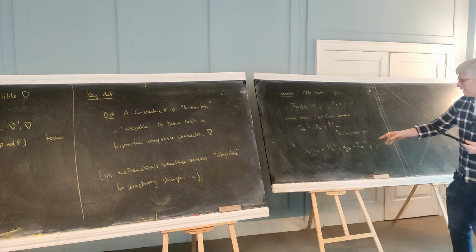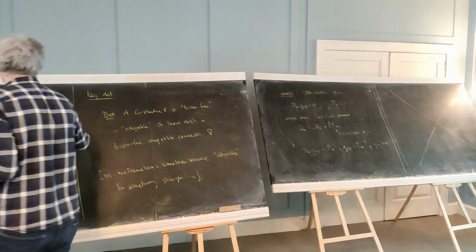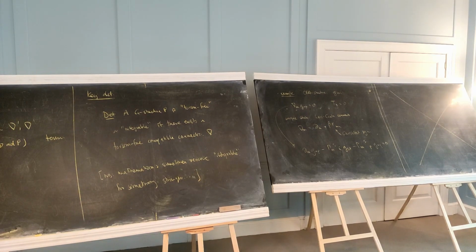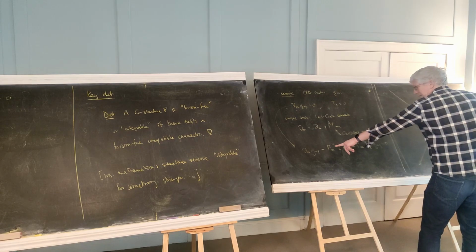So if I have two connections such that they both preserve the metric, then if I take the difference between them, acting on the metric g_np, I'm just going to get two terms like this. I'll get gamma prime and gamma.